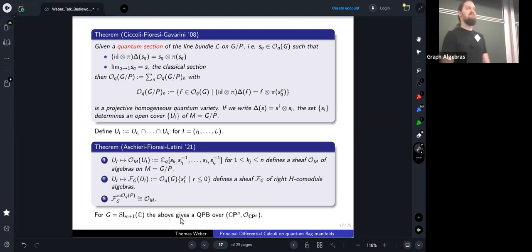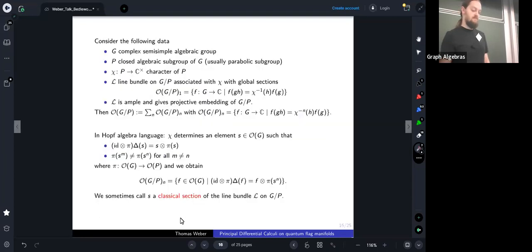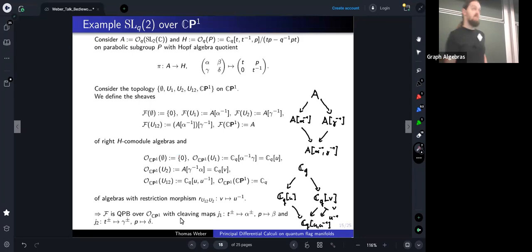Okay, fair enough. The second question is, in your particular example with this OQSL2 and this parabolic group, exactly this one, is it obvious that when you take coaction invariants, you get this classical CP1?